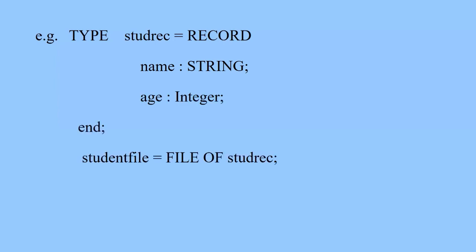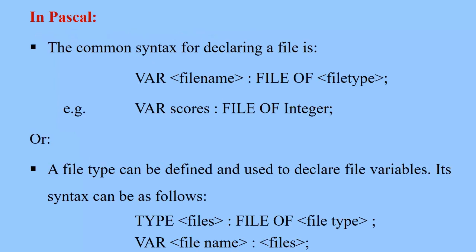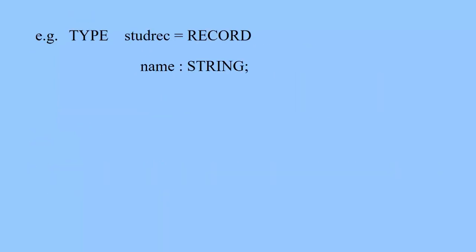And then we have student file equals file of student, because we are going to have a file consisting of the records that we have already defined under student. Remember, this is a declaration for the record.